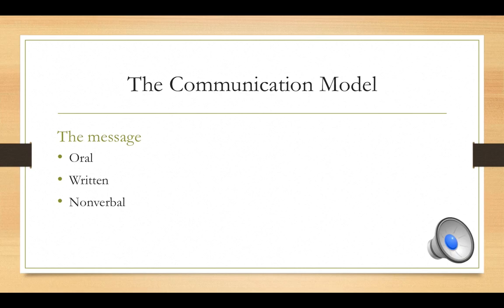Written messages include emails, reports, blog posts, web pages, brochures, social media, and newsletters. Now, nonverbal messages include facial expressions, gestures, and body movements. Each type of message is appropriate for different situations. I'll talk more later on what form of messages are appropriate for what situations.